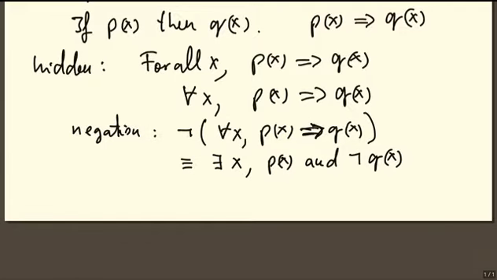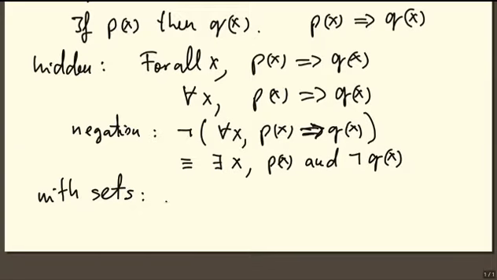Another version of this, which we use a lot, is a statement that has a set theoretical statement in it. So let's say that we want to negate that for all x. First of all, let me write it down with words.